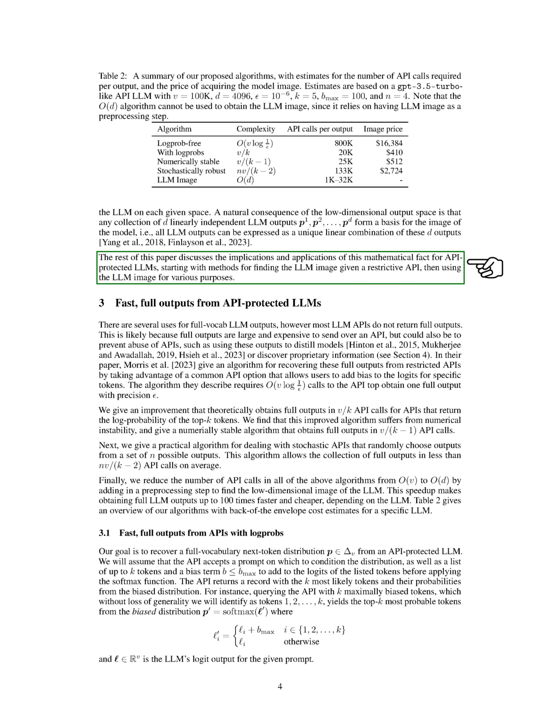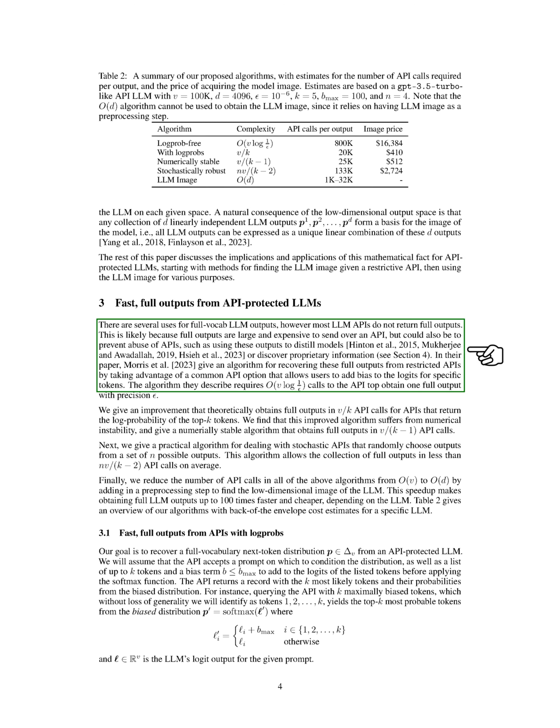Section: Fast, Full Outputs from API-Protected LLMs. In this section, we present an algorithm for obtaining fast and complete outputs from API-protected large language models, LLMs. While most LLM APIs do not provide full outputs, we aim to recover these outputs by leveraging a common API feature that allows users to bias the logits for specific tokens.